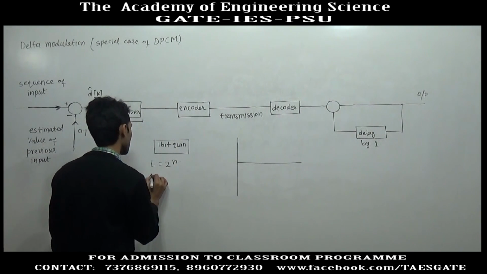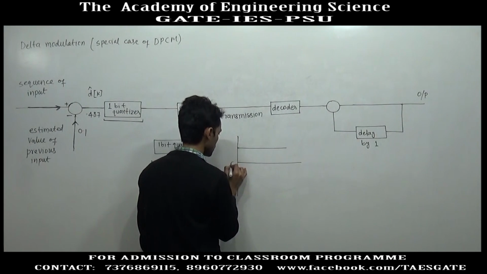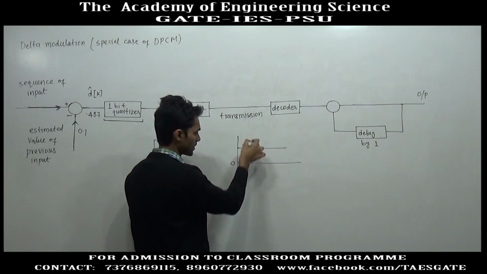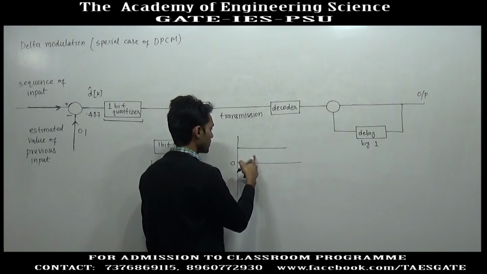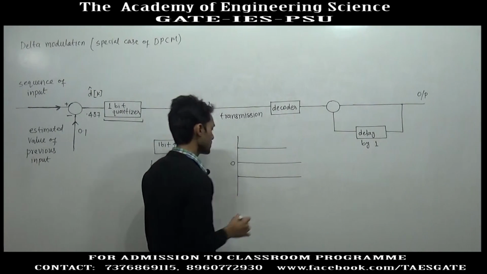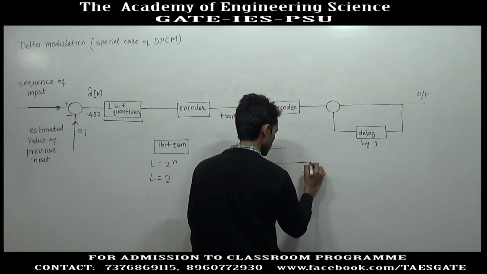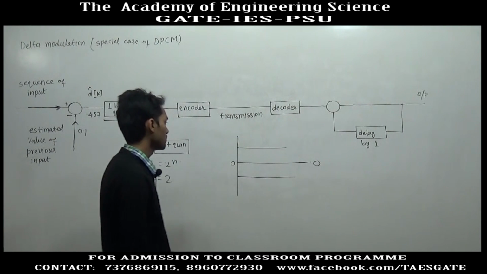If n is equal to 1, we will have 2 levels, L equal to 2. If the signal is greater than 0, this will come under the first level, and if the signal is less than 0, this will come under the next level, and 0 will be the boundary of the 2 levels.